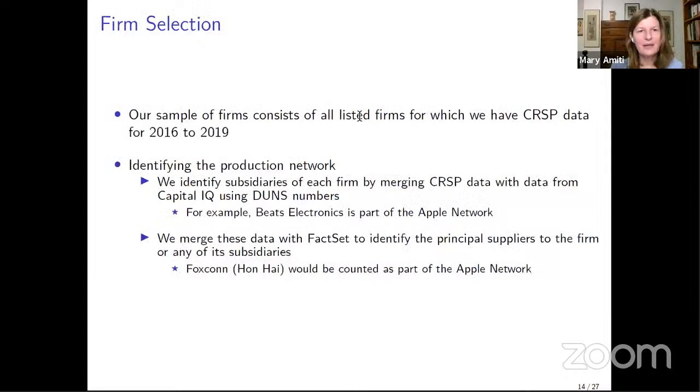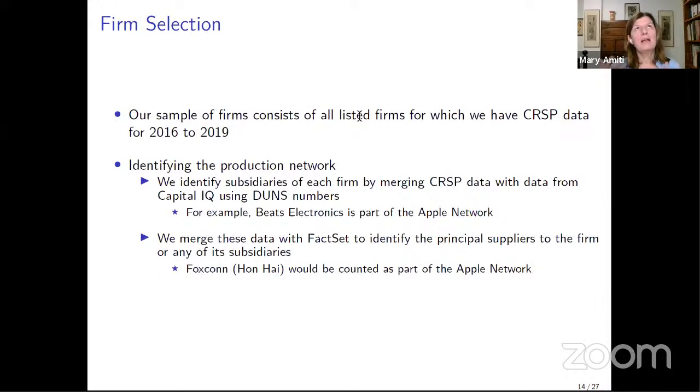Okay, perfect. Let me talk about the firm selection. First of all, our sample consists of all listed firms that we have in the CRSP data from 2016 to 2019, for all trading days for which we estimate the factor model. Then we identify the production networks. We want to identify all the subsidiaries of each firm by merging these data sets.